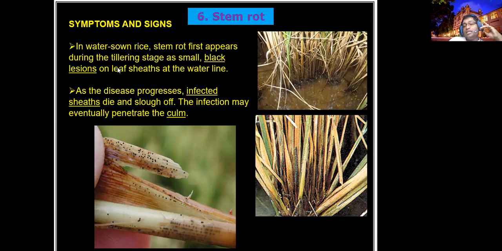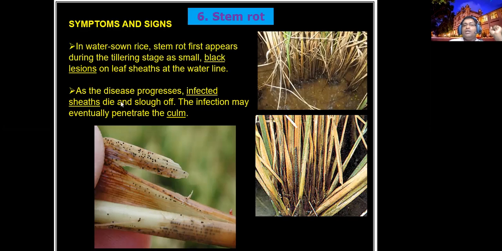Stem rot first appears at the tillering stage as black lesions. You see, it's black lesions. In the tillering stage, if your rice field is transplanted, sometimes you can expect that disease, right?